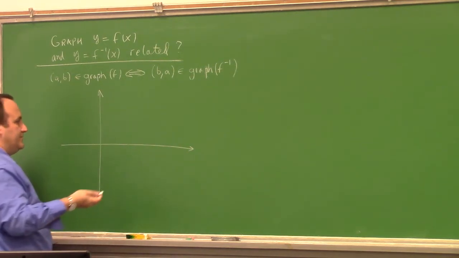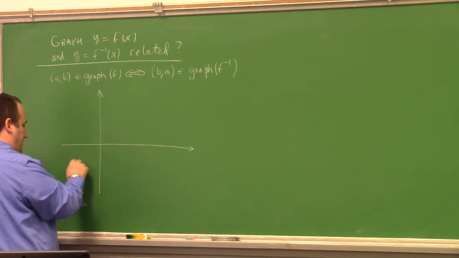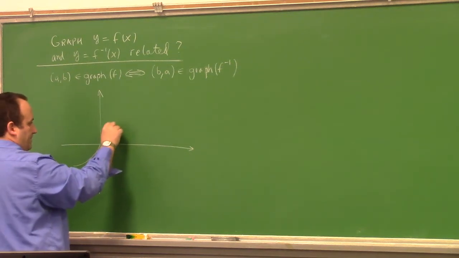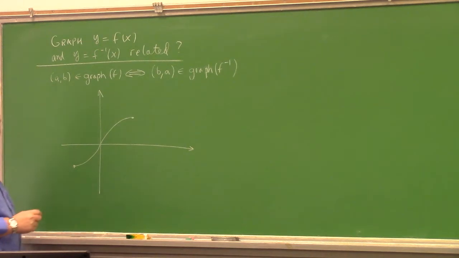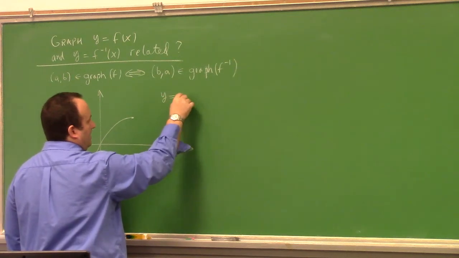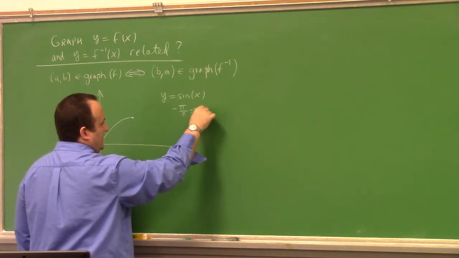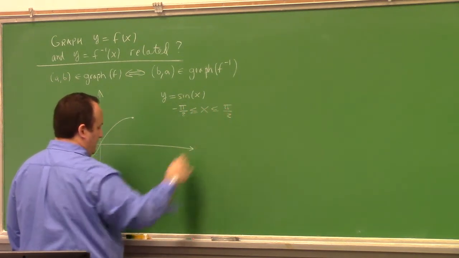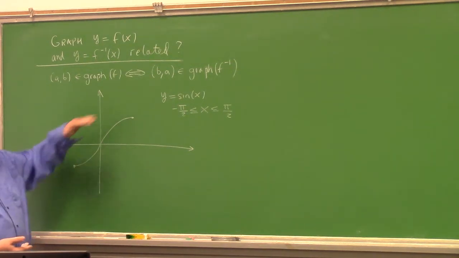Let's see here. For example, sine. This is y equals sine x, for minus pi over 2 less than or equal to x less than or equal to pi over 2. If we restrict our attention to sine from minus pi over 2 to pi over 2, this is an invertible function, because it's 1-to-1. It satisfies the horizontal line test.